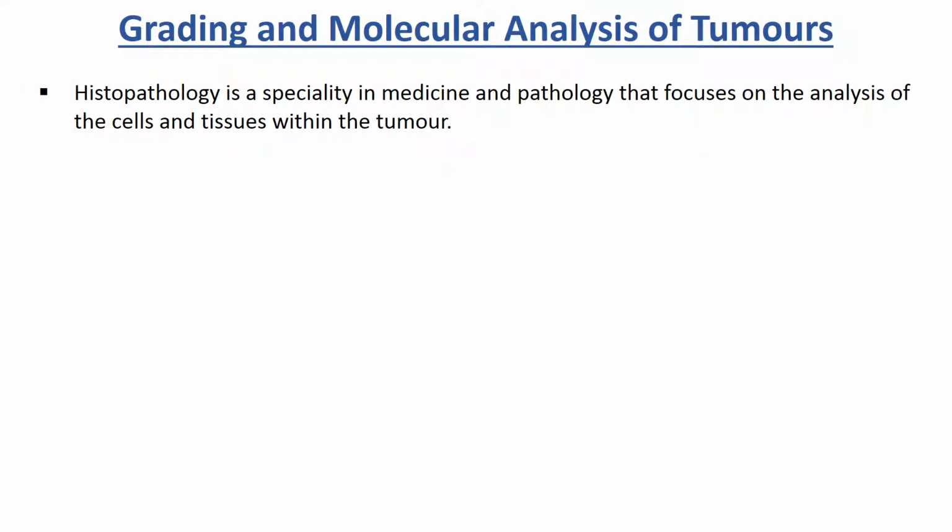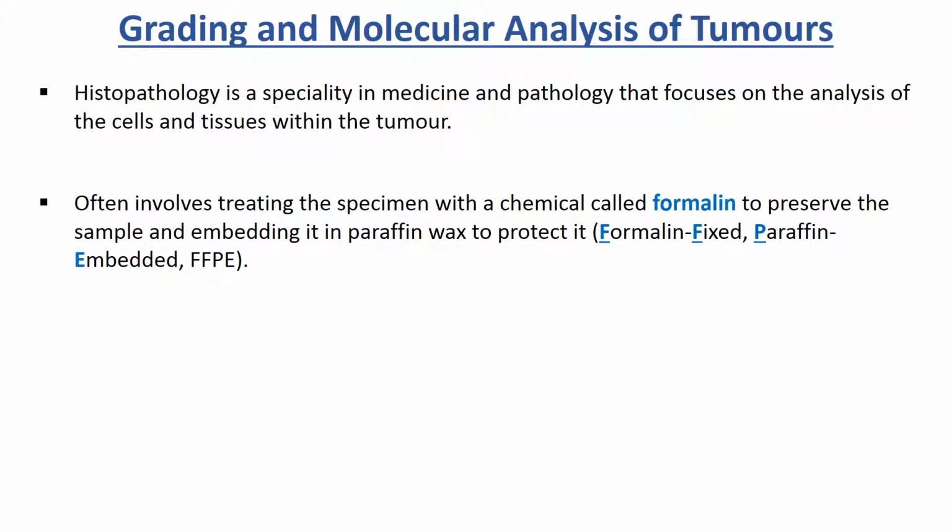Once a biopsy has been extracted or the tumour has been fully removed by surgery, the specimen will be analysed for shape, size and cellular features. Histopathology is a speciality in medicine that focuses on the analysis of the cells and tissues within the tumour. This often involves treating the specimen with a chemical called formalin to preserve the sample and to embed it in a paraffin wax to protect it.